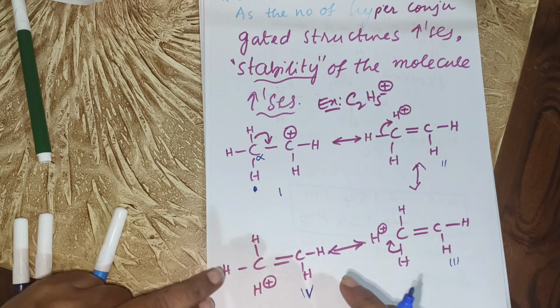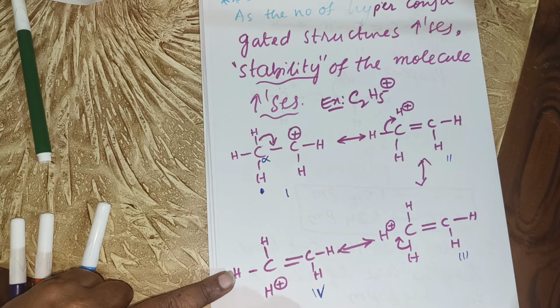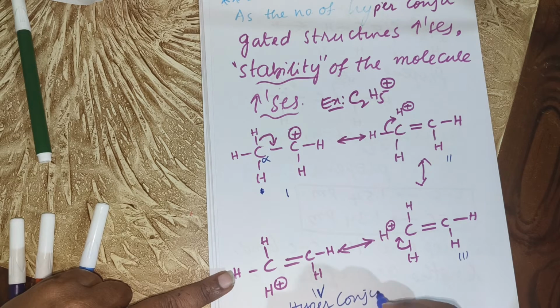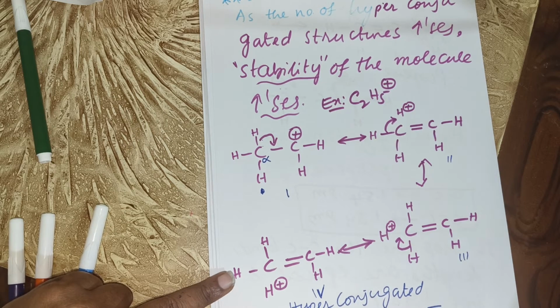Total hyperconjugated structures: 4. Yes. Therefore, the formula for the number of hyperconjugated structures is equal to the number of alpha hydrogens plus 1.